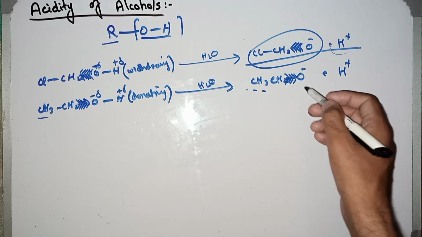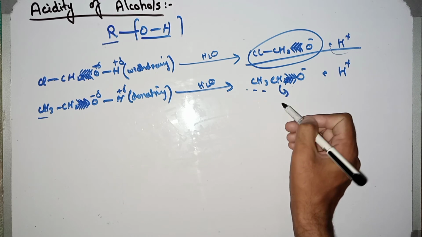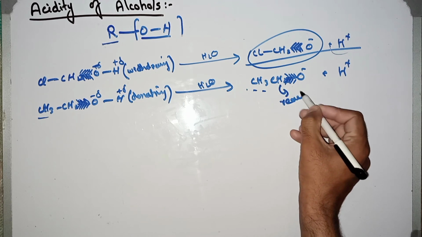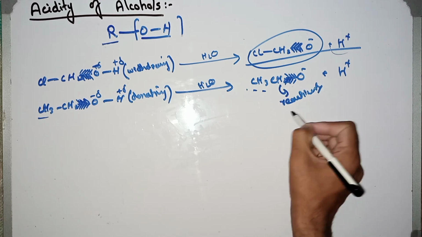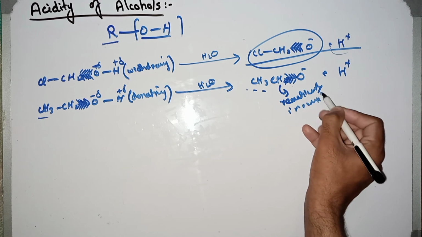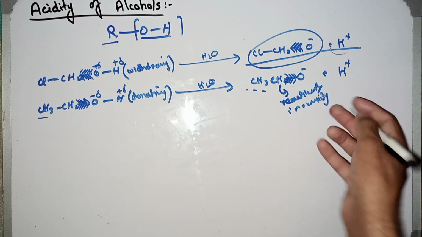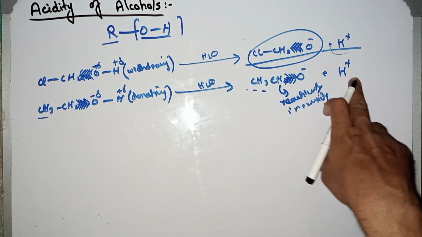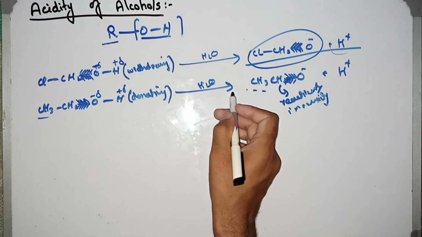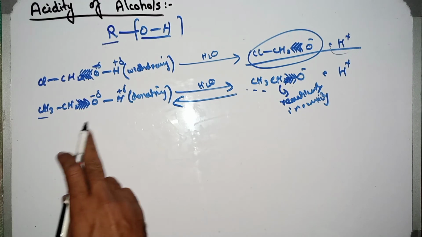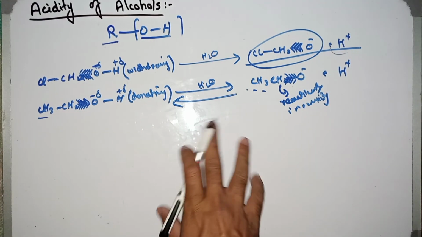So the reactivity of this species increases, and it will have the efficiency to attack this proton. So the equilibrium will shift towards the left.